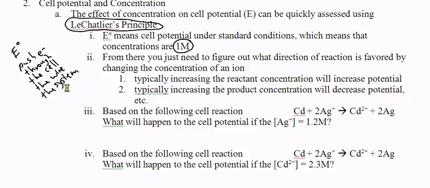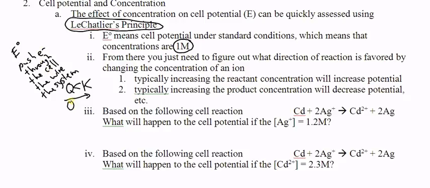And typically what we would say is that if Q is less than K, the system wants to move to the right, and to the right is the direction that helps push electrons through the cell. So the more that we can encourage a shift to the right or towards the products is going to help push the electrons through the cell.